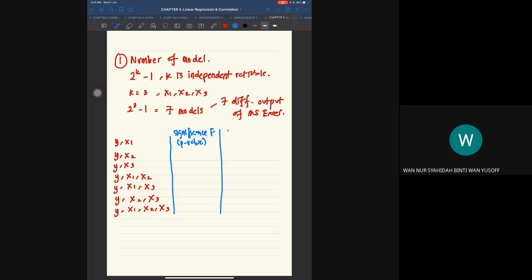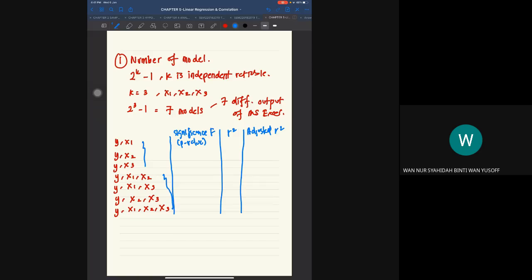The second value, R square. R square is the coefficient of determination for the simple linear model. And the third one, we need the adjusted R square, the coefficient of determination for the multiple linear model.